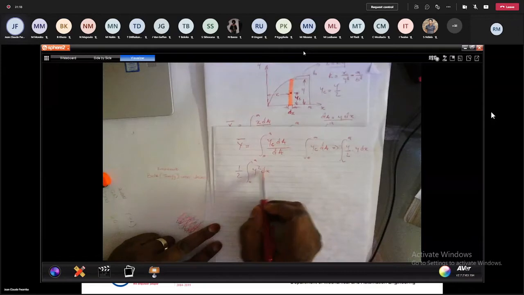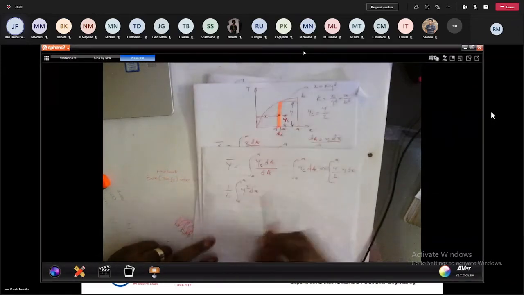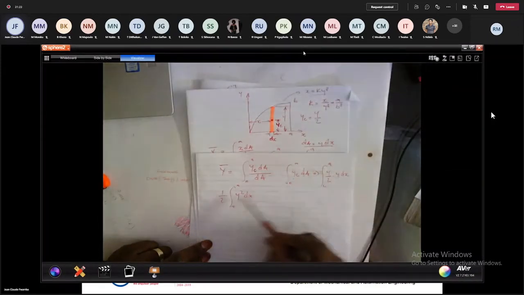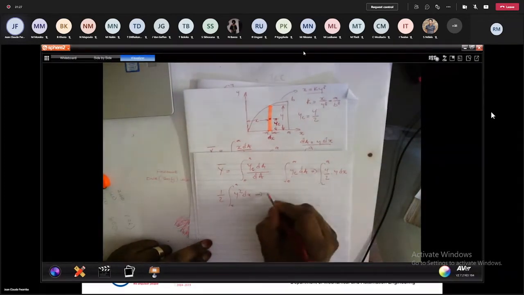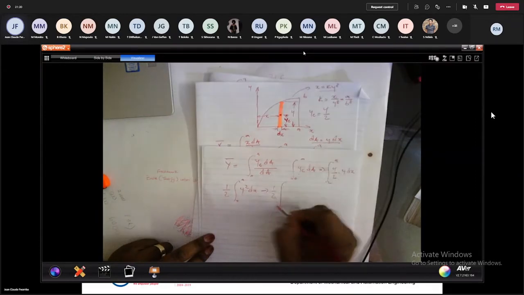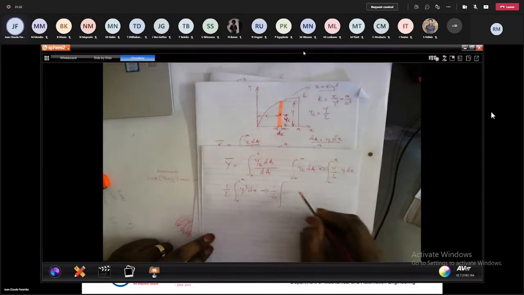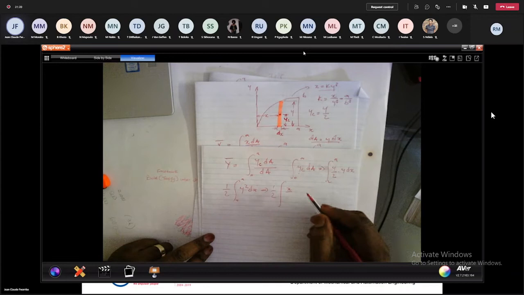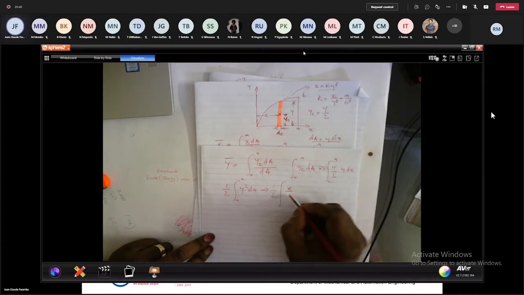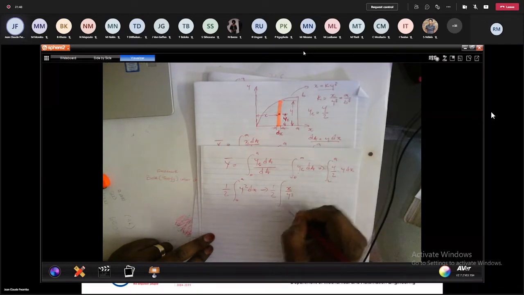So now I can't solve it here. I need to go back into my function to express that function in terms of y and replace here. So this will be 1 over 2 integration of, what am I writing?